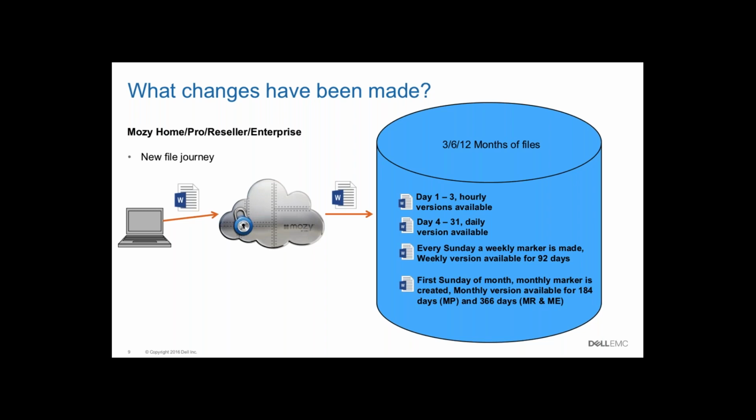Bear in mind that for the hourly restore options or a specific version of the file, you can only do that through the client restore anyway, not in the web version. So while there are fewer restore points as you go back into the past, you are also getting more restore points because you're able to restore further into the past now.